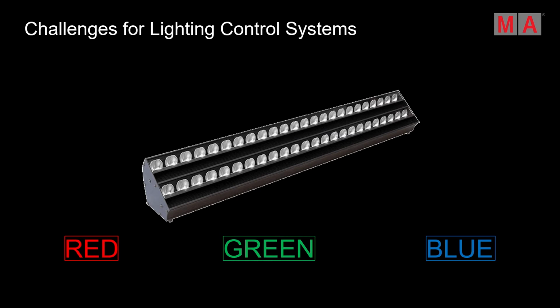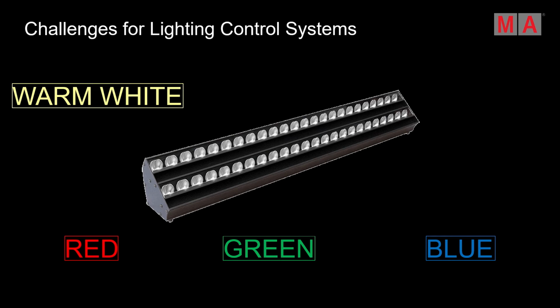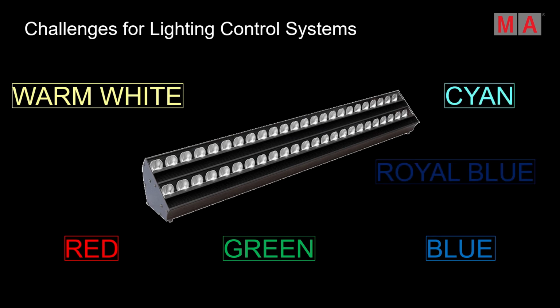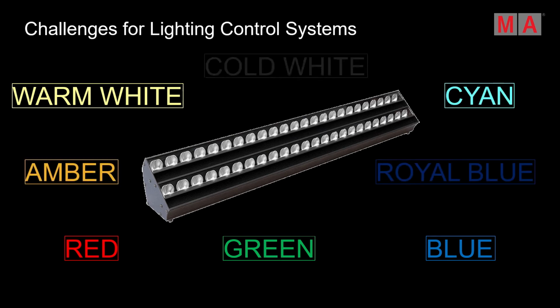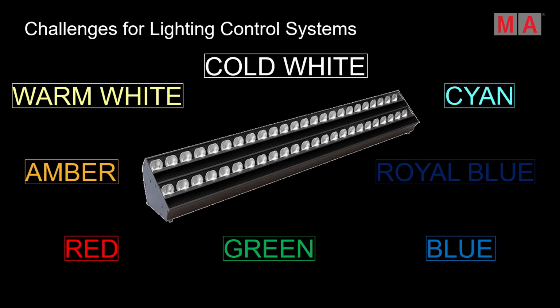But what if the LED bar is not only providing red, green and blue, but some more LEDs like a warm white, a royal blue, a cyan, an amber or a cold white, so a 7 or a 9 or a 13 LED color mixing.